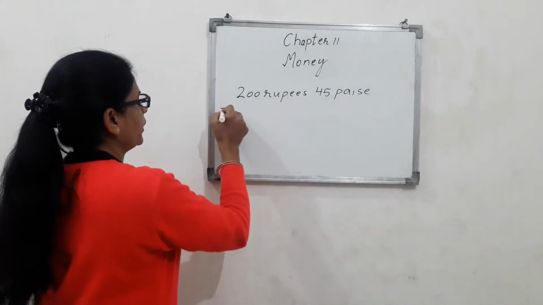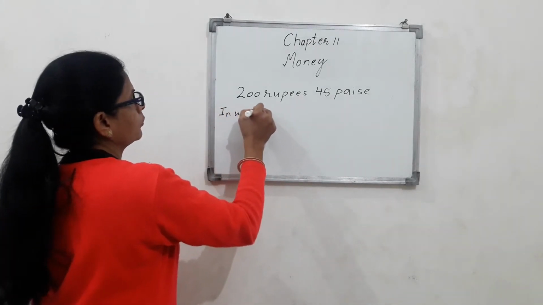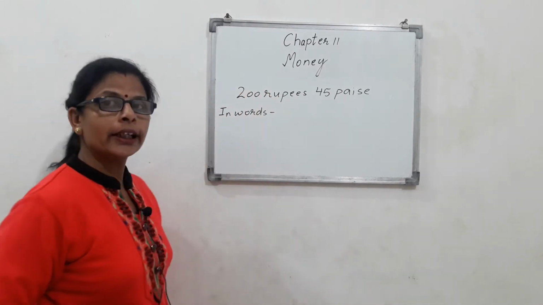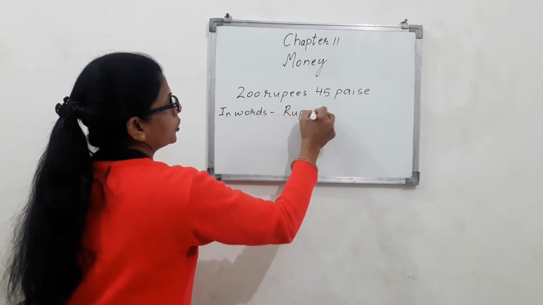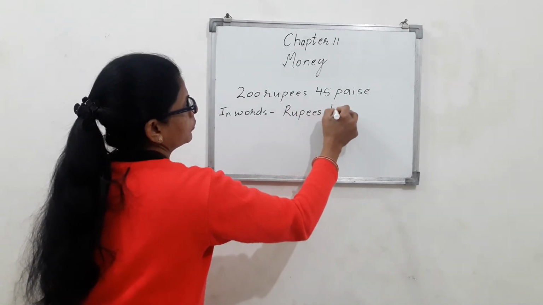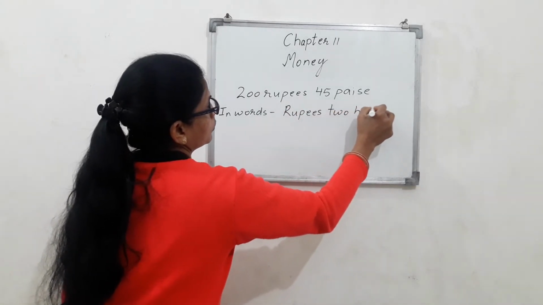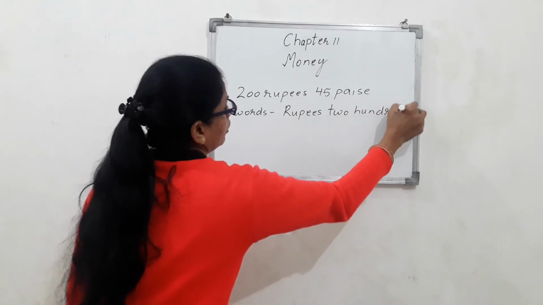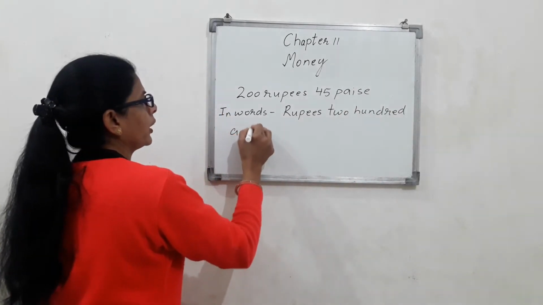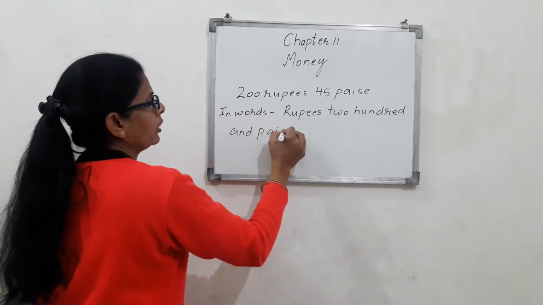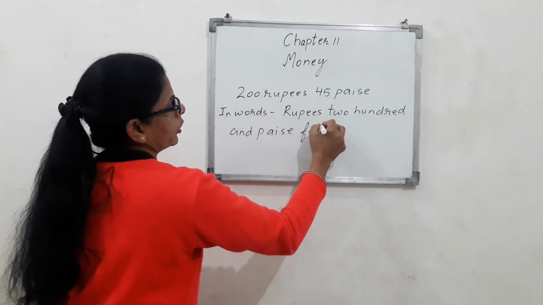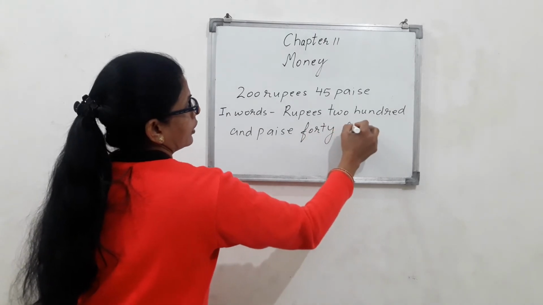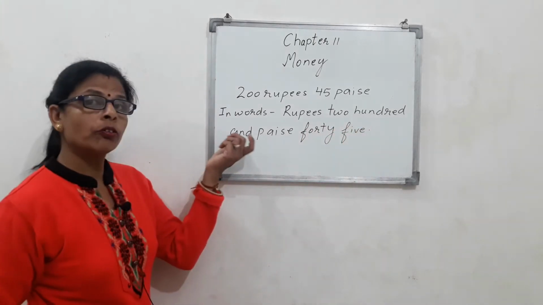In words we will write rupees 200 and paisa 45. This is in word form.